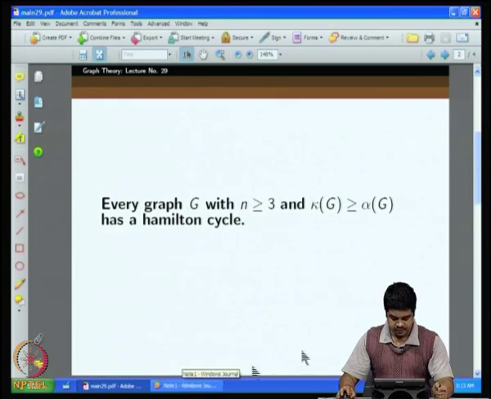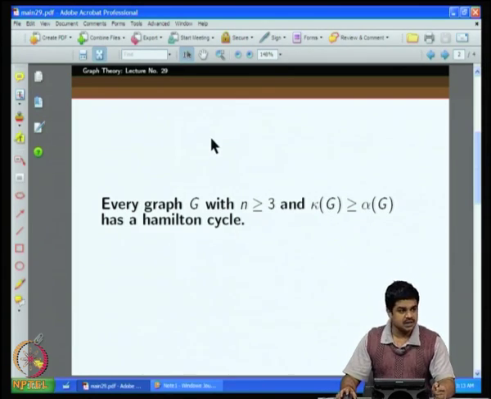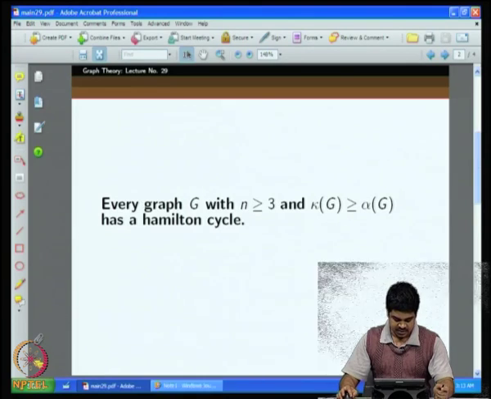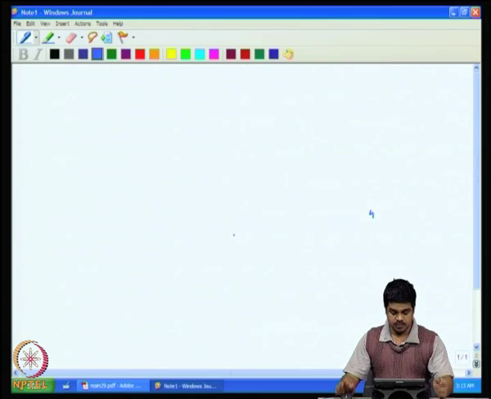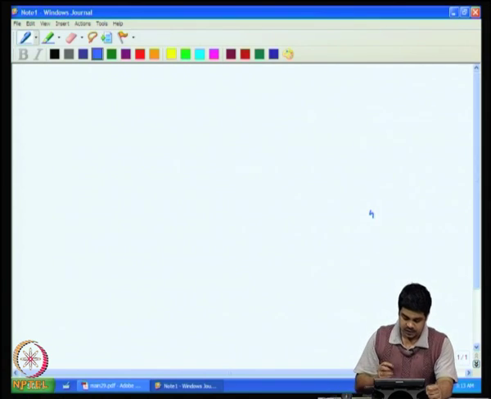If the independent set is small, say less than or equal to t, then a cycle of length n by t is obviously there in the graph, but if the independent set size is less than the connectivity, then we can be sure there is a Hamiltonian cycle. This is the proof we were trying to do.